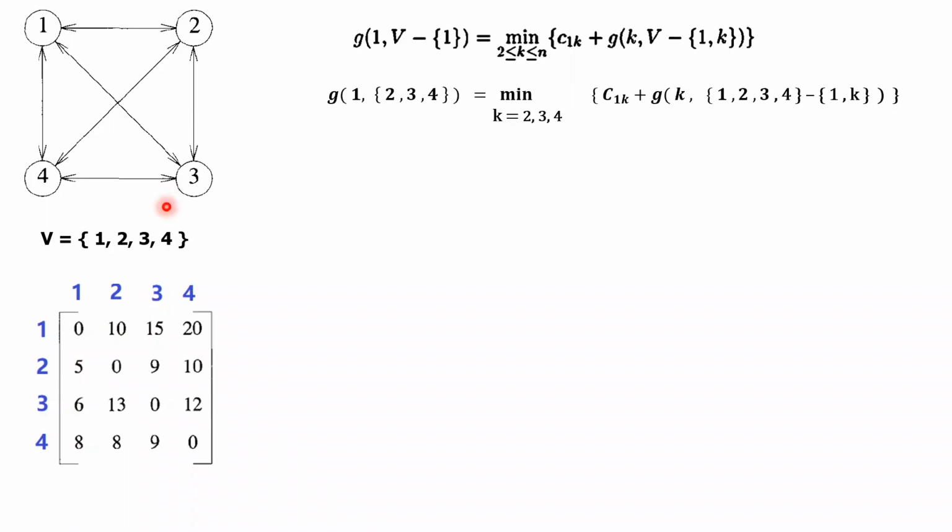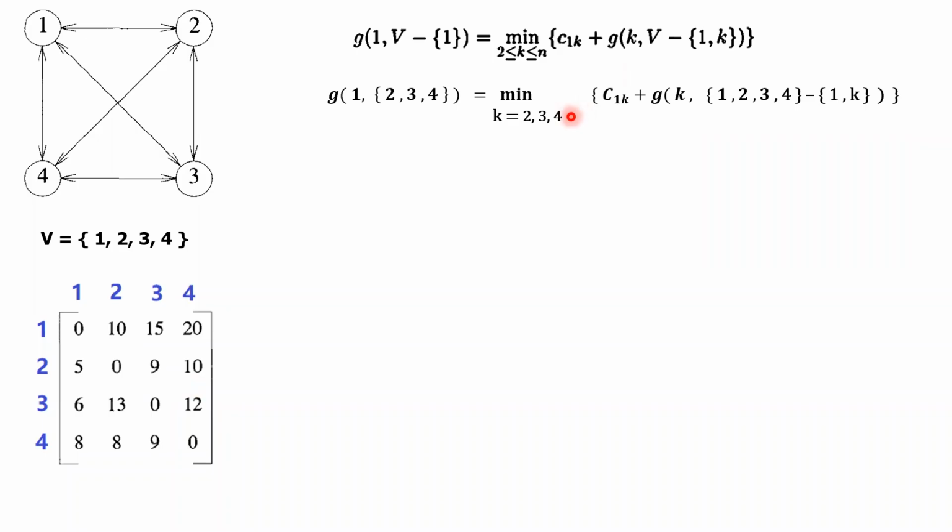Now, given the graph and the vertices, we'll try to apply the cost function formula G, and we'll try to find out the shortest path and its length. So this is the formula. I'll start applying the formula in a recursive manner.